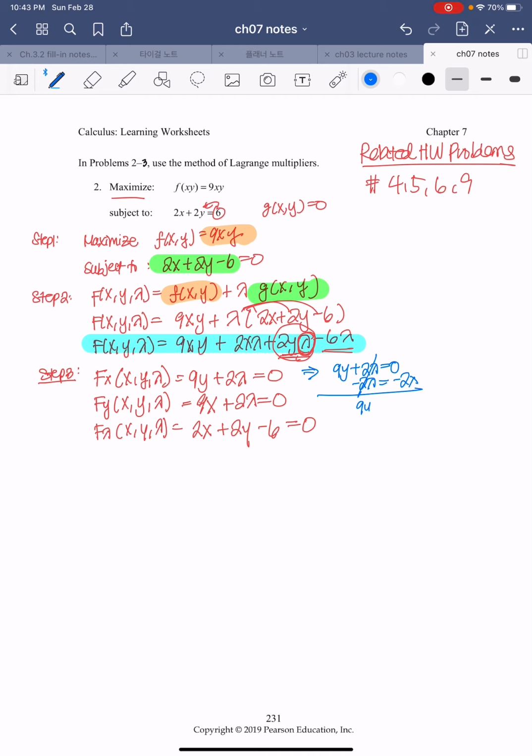So I have 9y equals minus 2 lambda, divided by 9. Y ended up being minus 2 lambda over 9. Okay. Similarly, I can solve x here.